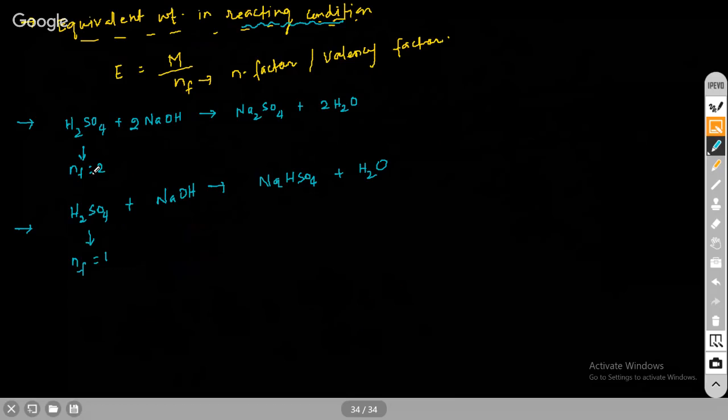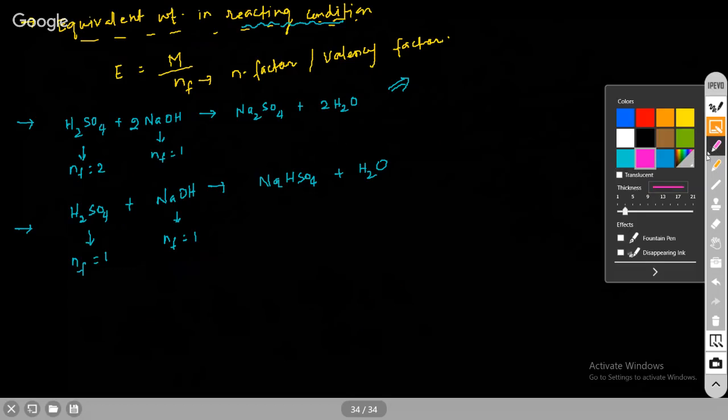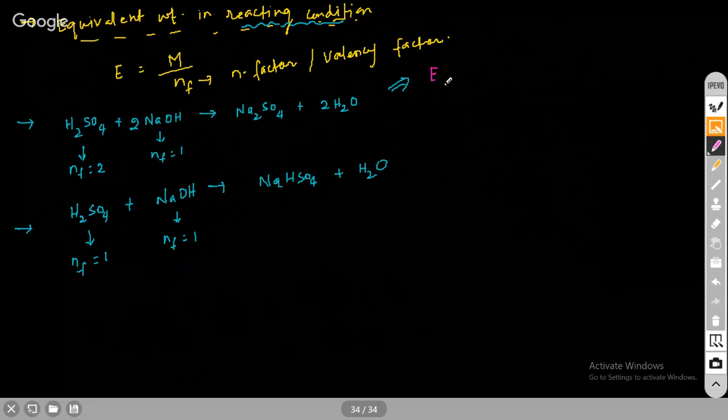The n factor of NaOH is 1 because only one OH we have here. Here also the n factor of NaOH is 1, right? So if we have to find out the equivalent weight of H2SO4 in the first reaction, it will be its molecular weight divided by n factor. 98 is the molecular weight of H2SO4, n factor is 2, so 49 is the equivalent mass.